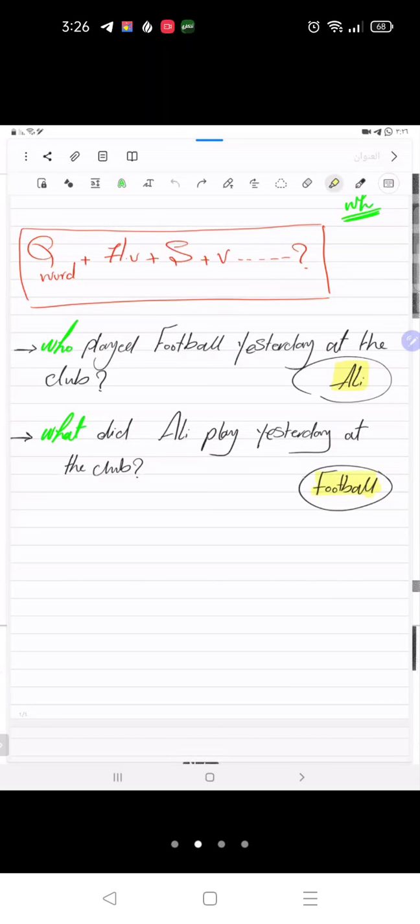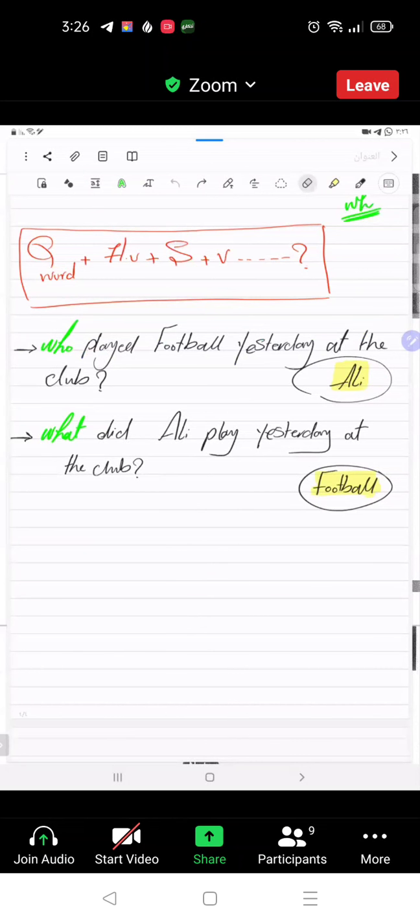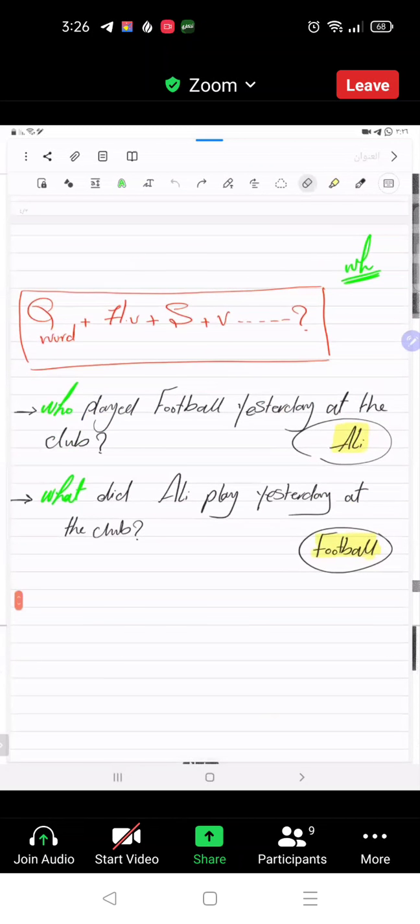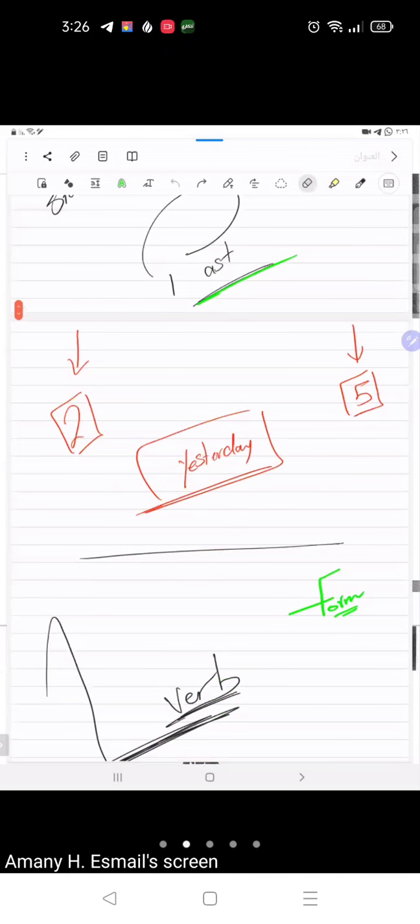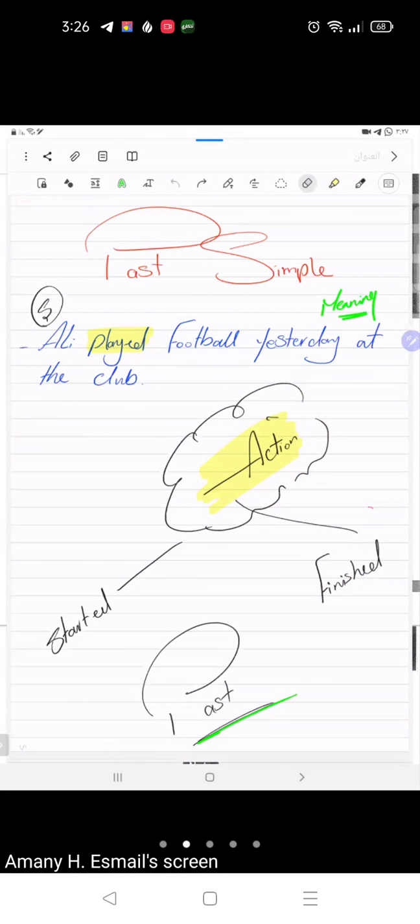Look at the sentence again and make another WH question. Another one, please. Okay, you could. Where did Ali play football yesterday? Excellent.